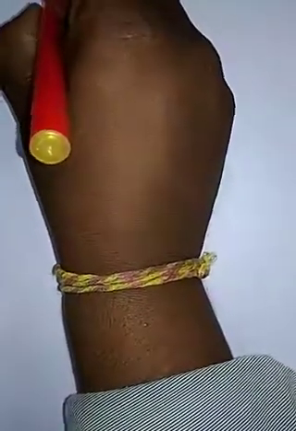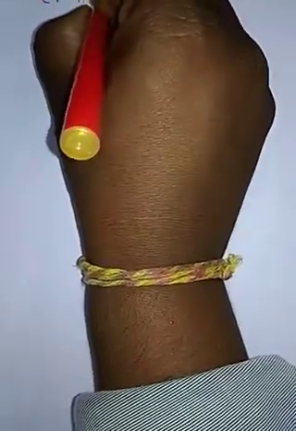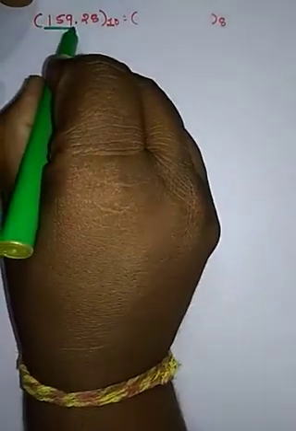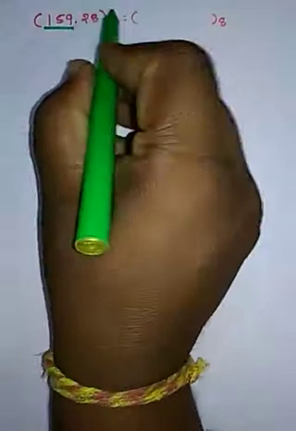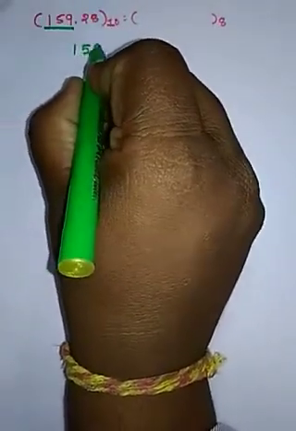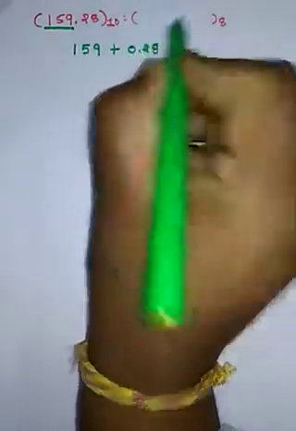Suppose I have given number 159.28 and this number is to be converted into octal. આ નંબરને આપણે ઓક્ટલમાં લઈ જવાના છે, બરાબર. તો ઓક્ટલમાં લઈ જતા પહેલા અહીંયા આપણે આટલા સુધીનું જ કન્વર્ઝન શીખ્યા છીએ. 0.28 નું શું? તો આગળ જેમ આપણે બાઇનરીમાં કન્વર્ઝન કર્યું હતું એના બે ભાગ પાડી દેવાના. 159.28.